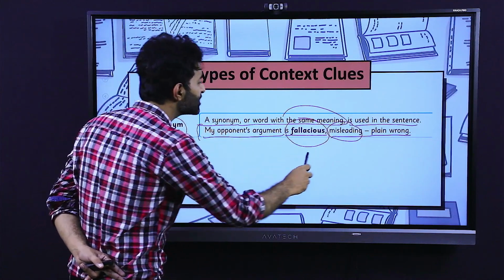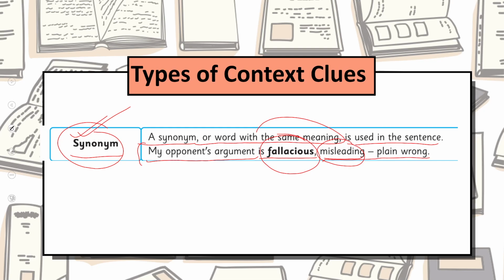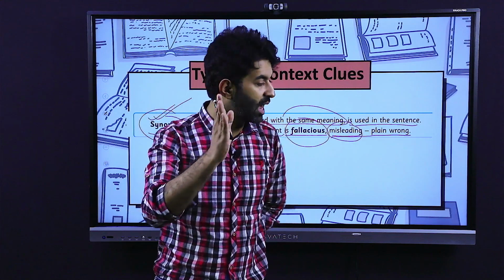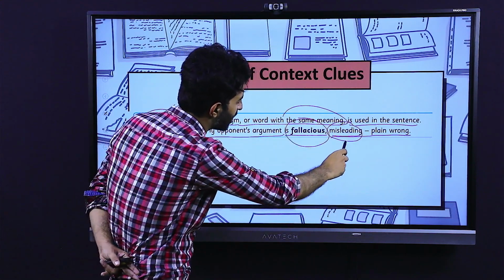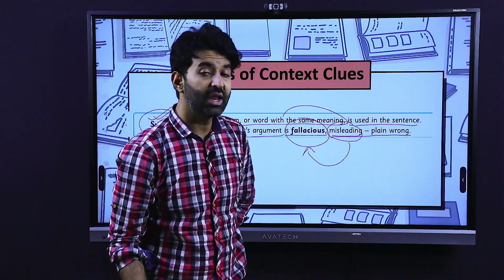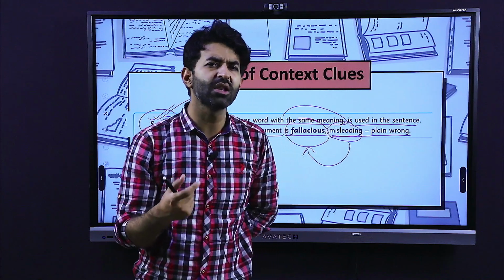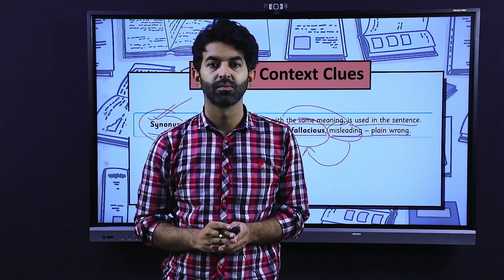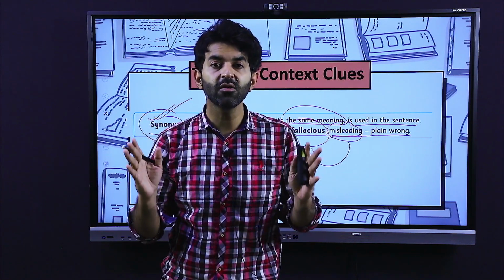Now, misleading, this word we have heard before, it is in our vocabulary, and we know what misleading is: something that leads you from the right direction. So fallacious is also a word like misleading. Is it a negative or a positive word? It's a negative connotation.